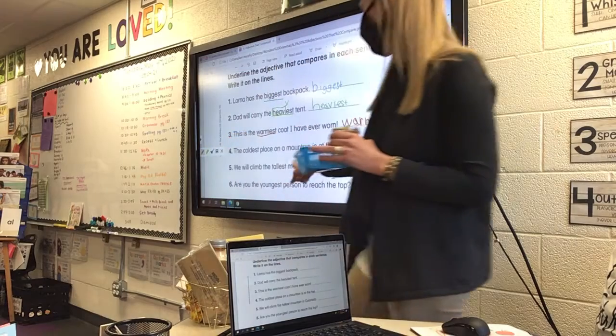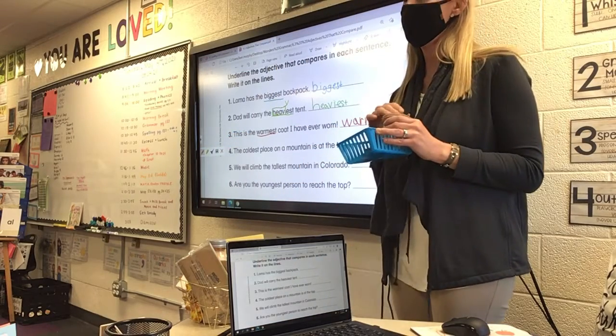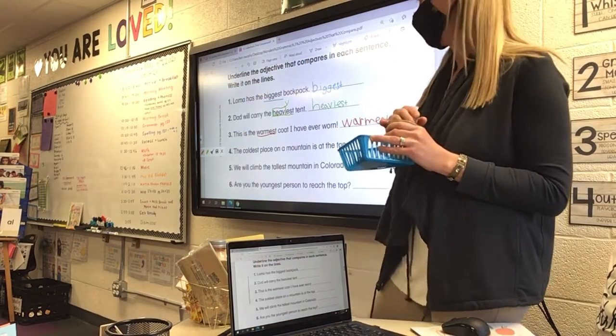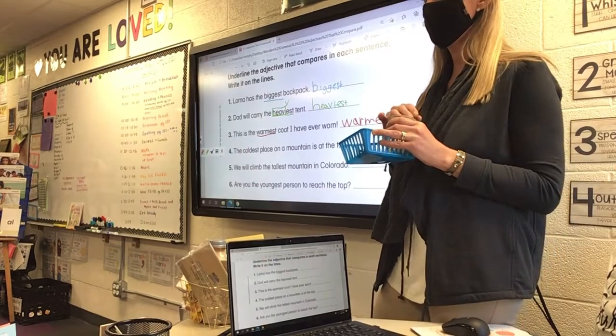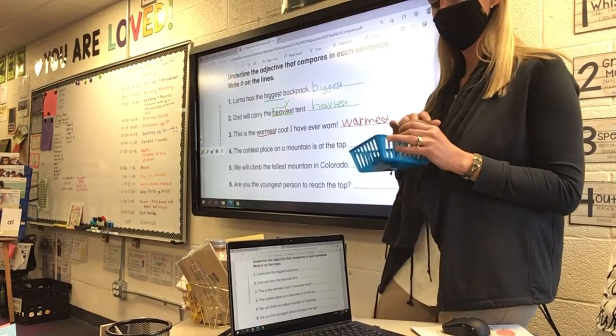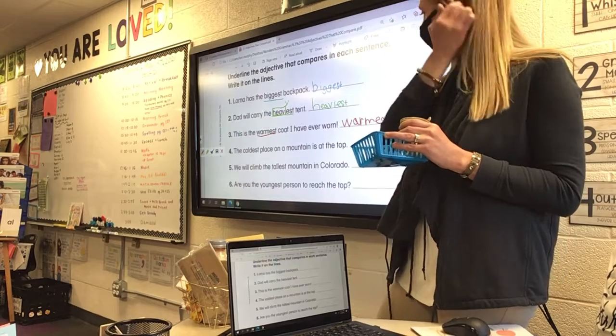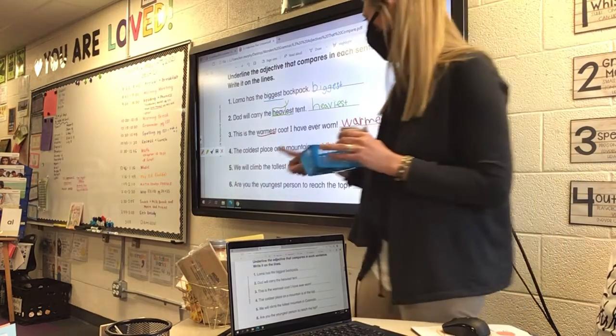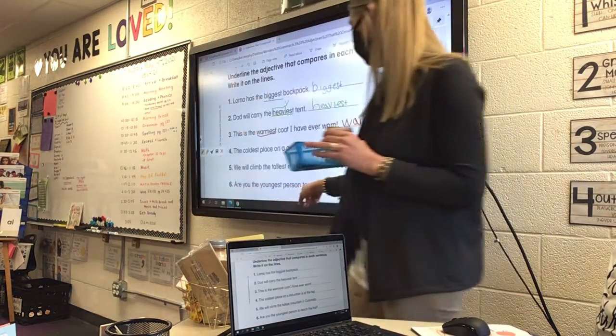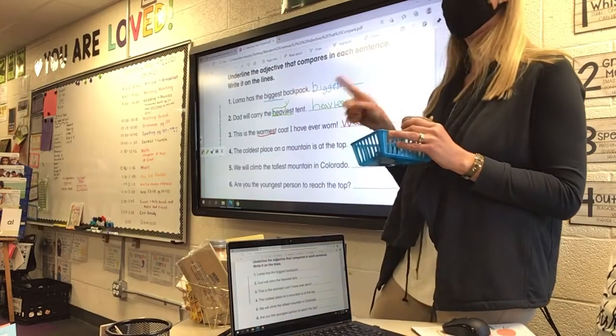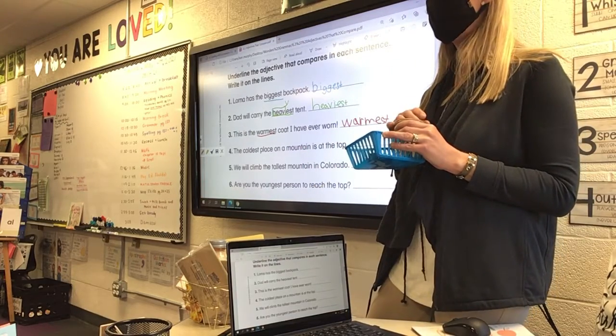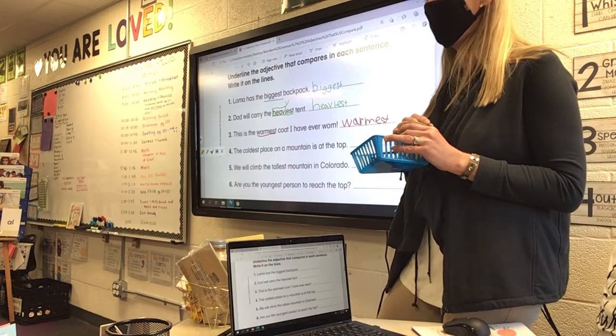We will climb the tallest mountain in Colorado. So find the superlative adjective, underline it, and put it on the line. And the last one, number 6. Are you the youngest person to reach the top? So find the superlative adjective, underline it, and then write it on the line.